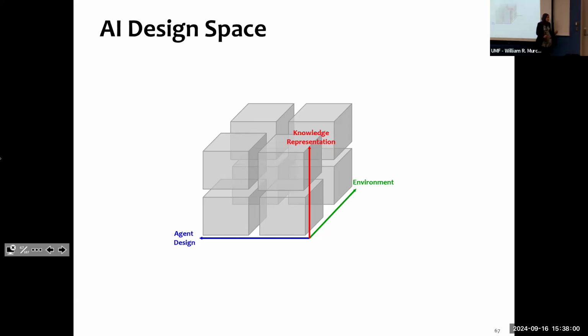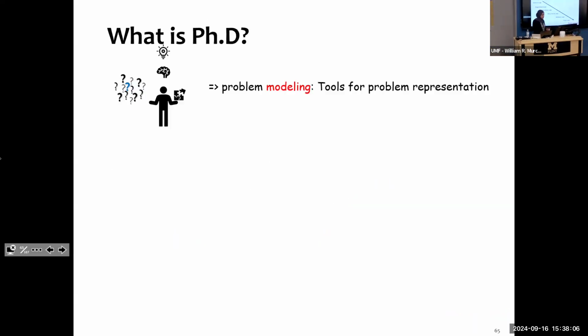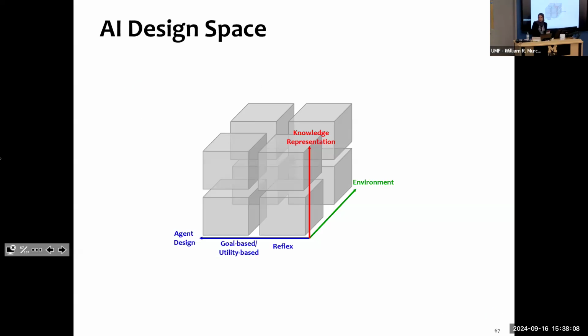We were not only talking about the representation; there is a whole axis that deals with the design of the agent, because when your agent is a robot, it's different than when your agent is the computer playing the game.